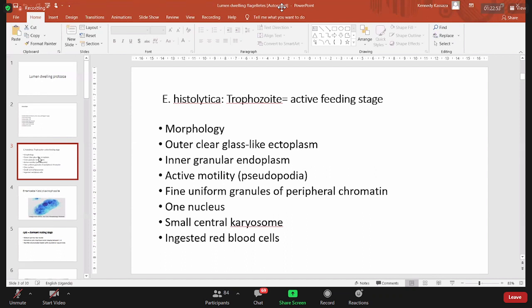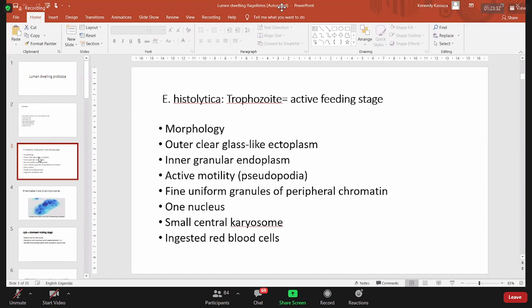The trophozoites actively move by use of pseudopodia, and then they have chromatin. They have one nucleus, and this nucleus has got a small central karyosome.